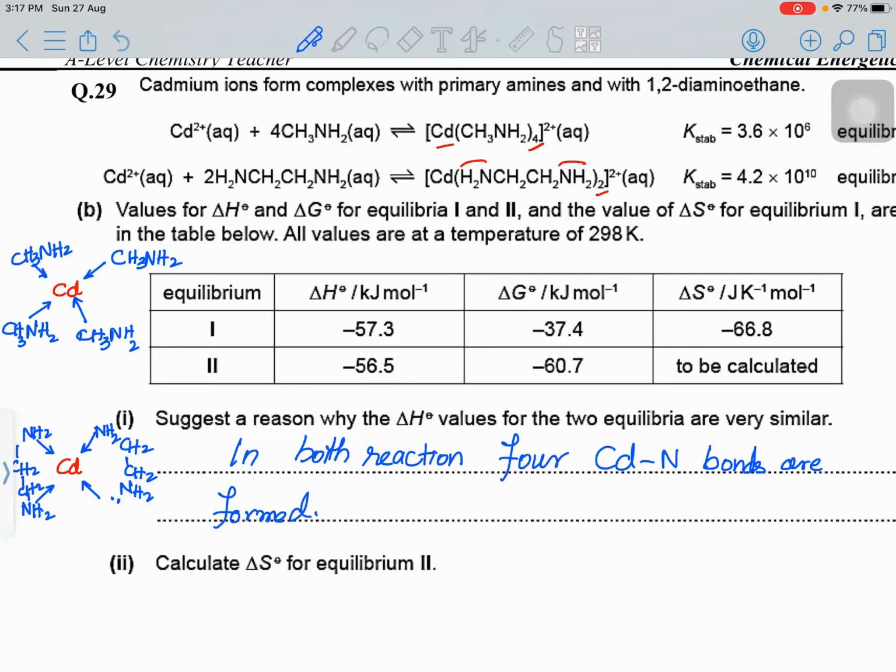That's why they have the same delta H value. Are you getting my point or not? Yes? Yes, sir.